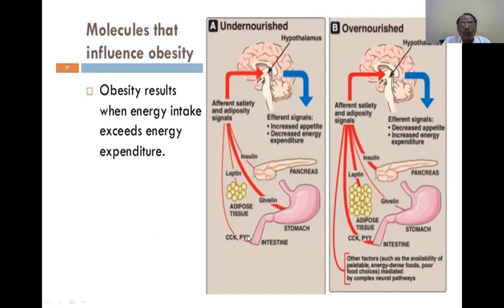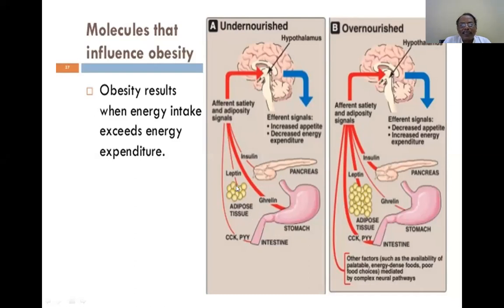A lot of tyrosine is present in this peptide, and hence it is called neuropeptide Y. So the intestine produces PYY and CCK, cholecystokinin. So please remember, obesity is influenced by various hormones: insulin, leptin, ghrelin, cholecystokinin, and neuropeptide Y.